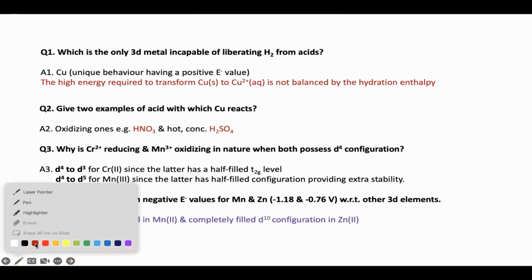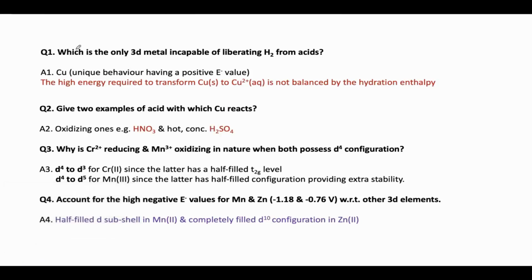So we shall start from the beginning with question number 1: which is the only 3d metal that is incapable of liberating dihydrogen from acids? We have a variety of metals in the d block elements. It starts with scandium from the left hand side and ends on the other side with zinc.